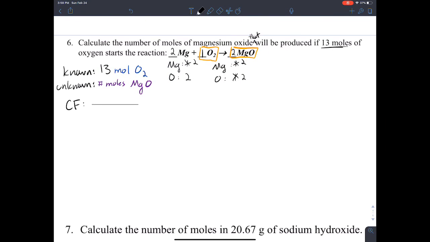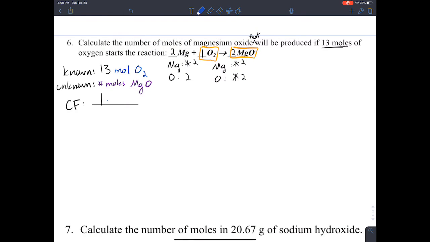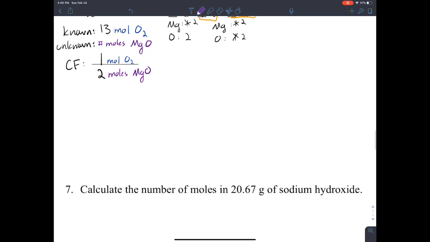That ratio is 1 mole of O2 for every 2 moles of magnesium oxide. I got that from the ratio in the equation.